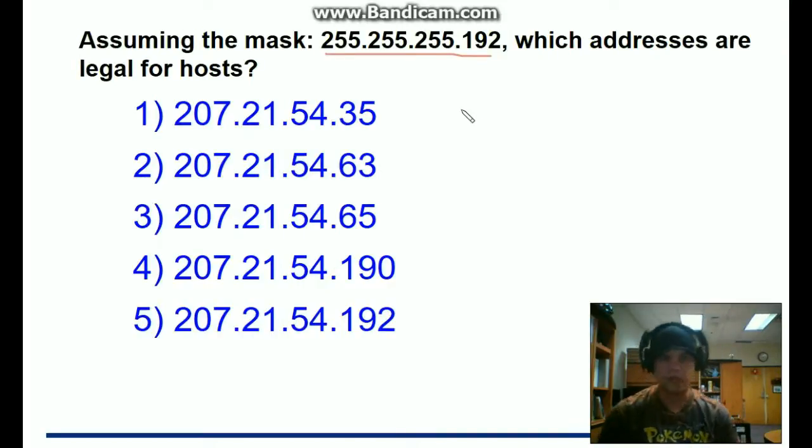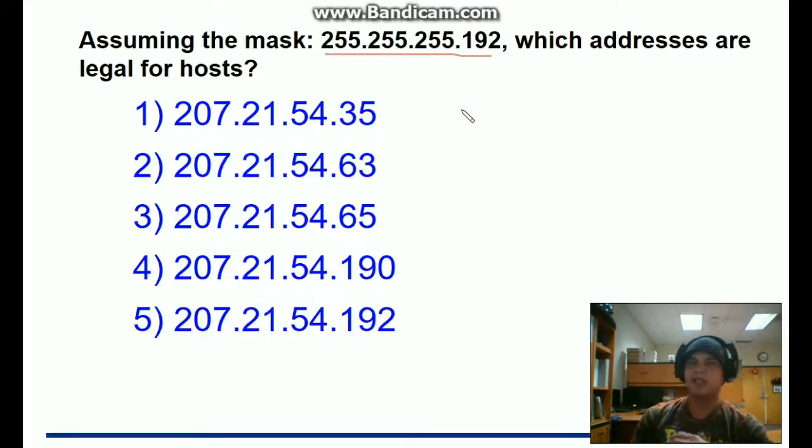So this is where you have to put everything together, find out the subnet IDs, find out the rotating number, and find out if it is a subnet ID, a valid host address, or a broadcast address. So pause the video, do whatever you need to do if you want to do this on your own, and I'll come back.